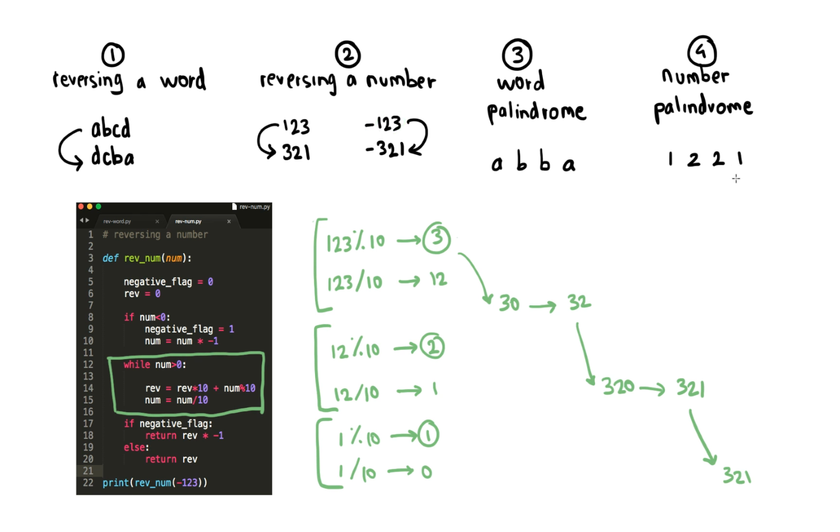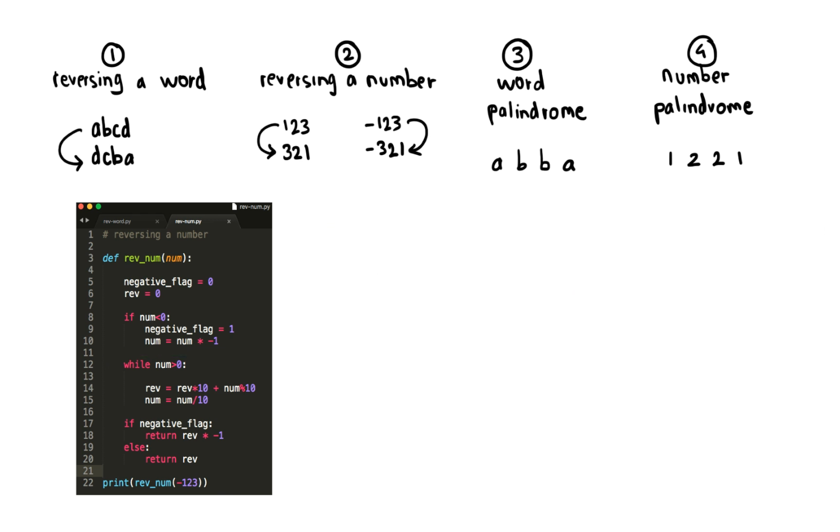Alright, so now let's talk about 3 and 4, which is word palindrome and number palindrome. And we don't really have too much to talk about this because the simplest way to do it is maintain a different variable. Let me just quickly get rid of this part.